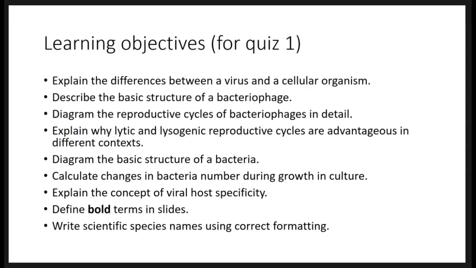For each unit, you need to pay attention to the learning objectives. Learning objectives are things that you should be able to do by the time you get to the quiz.